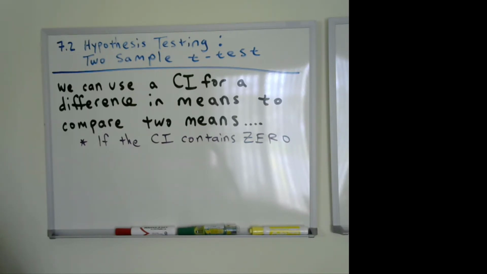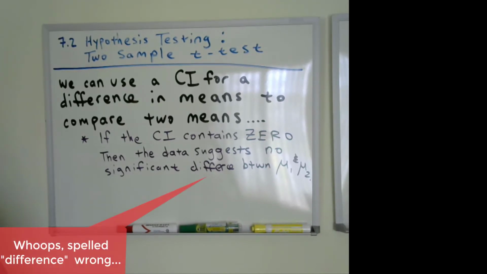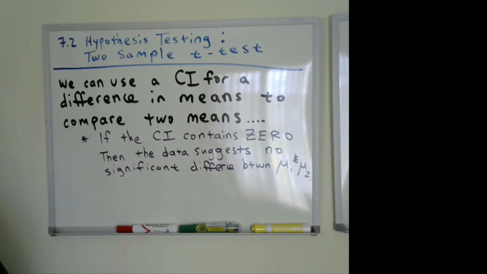In essence, when that resulting confidence interval contains a 0, that implies that there is no difference. That implies that the two population means potentially could be equal. It does not prove they're equal, but it supports that claim.